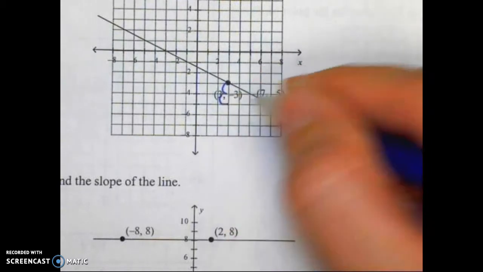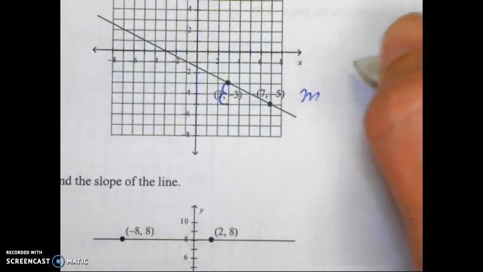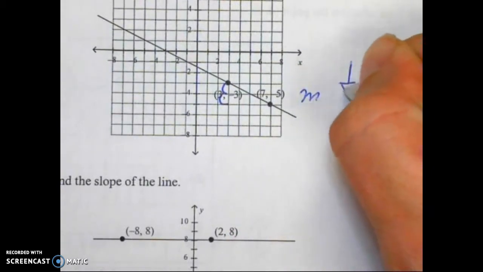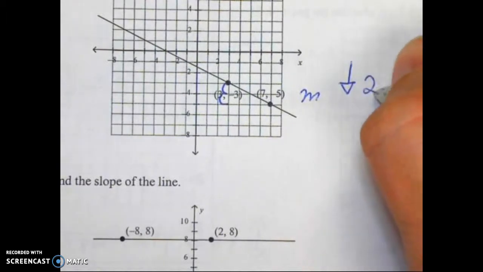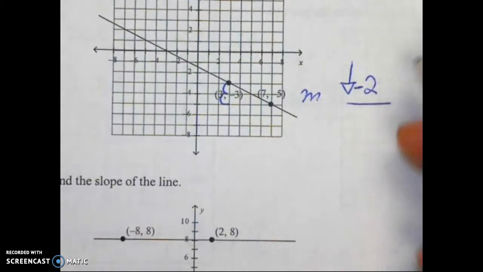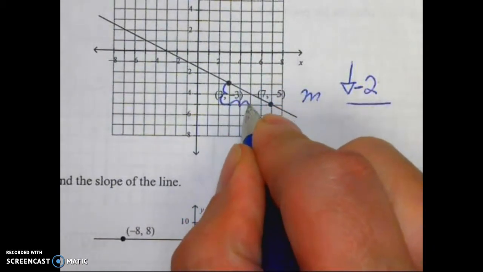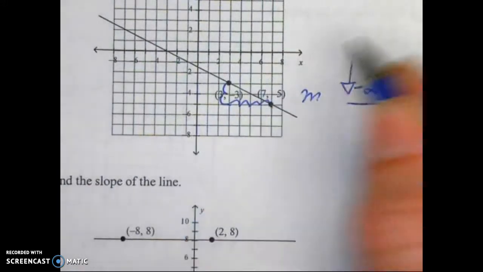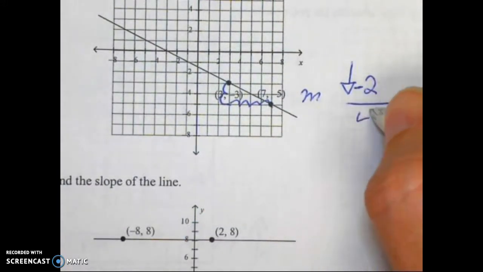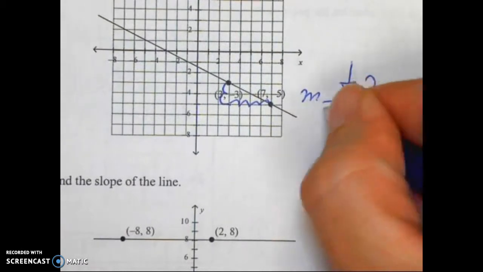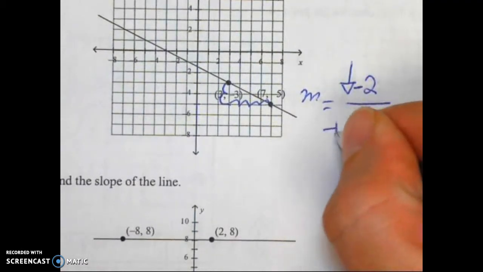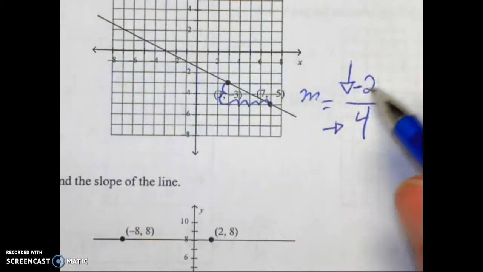The fact that I said down means that's going to be a negative 2. Then I'm going to go over 1, 2, 3, 4. And I went over 4. So this is where I get my slope of down 2 over 4.